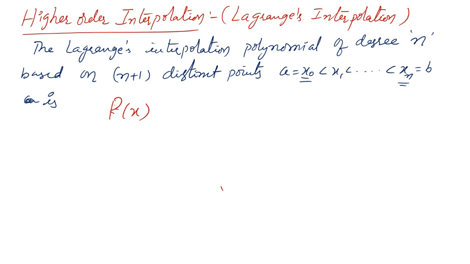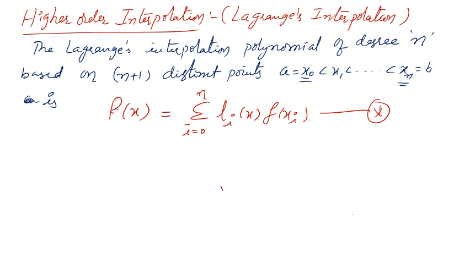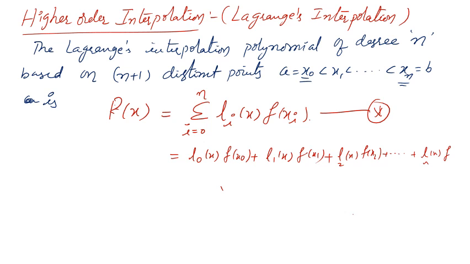On generalization, I am taking P of x equal to summation i equal to 0 to n of the Lagrange's fundamental polynomials Li of x multiplied by f of xi. Nothing but one can write this as L naught x into f of x naught plus L1 x into f of x1, up to here linear. And if I write one more, L2 x into f of x2, this is quadratic. So generalization, lastly Ln x into f of xn.